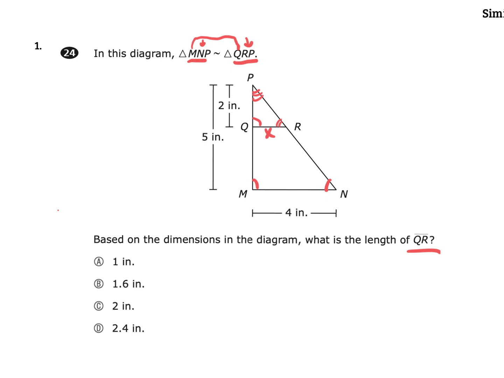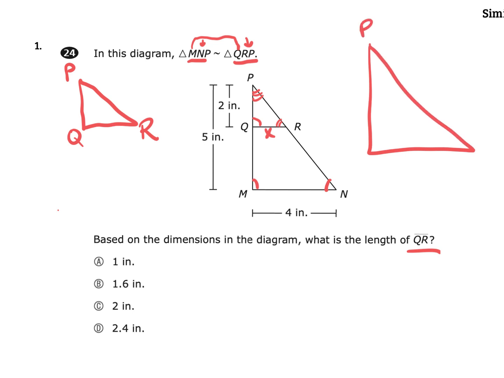Now, there's a couple different ways you could approach this. The easiest way, if it's easier for you to see, is to separate out the smaller triangle from the larger one. So we have PQR, and then we have our larger triangle PMN.